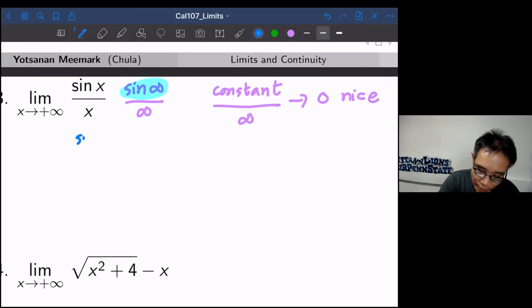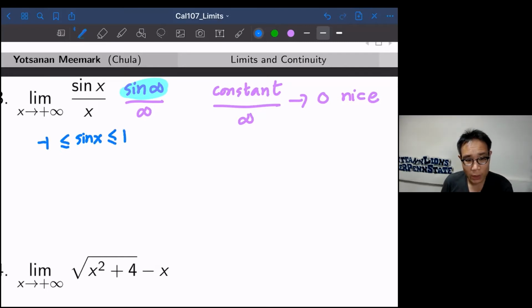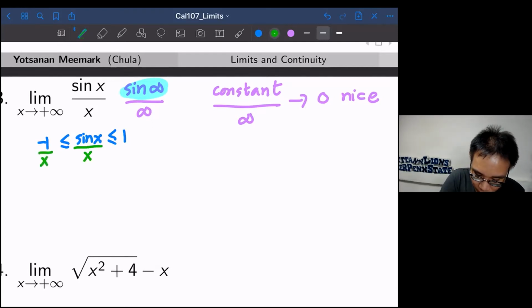We learned that sine x lies between negative 1 and 1. And you would like to have sine x over x, so you divide by x for the whole thing.